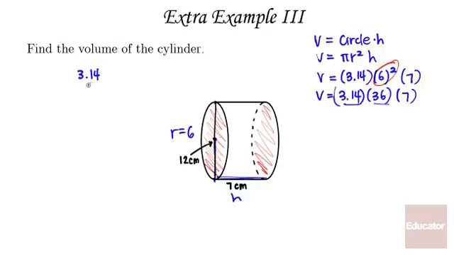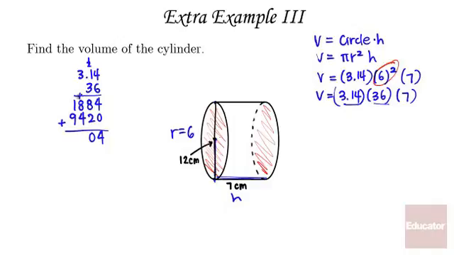3.14 times 36. 4 times 6 is 24. That's 6. Add the 2 is 8. 6 times 3 is 18. Leave the space alone. 3 times 4 is 12. 3 times 1, 3. Add the 1 is 4. 3 times 3 is 9. We're going to add these two numbers together. So here's 4. That's 10.